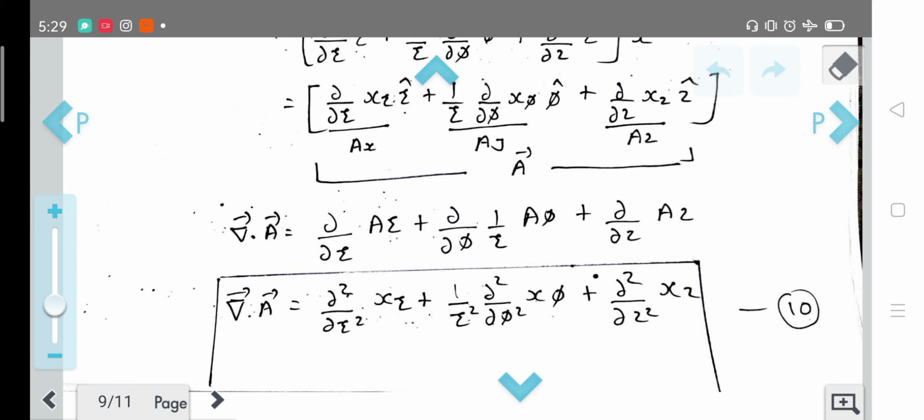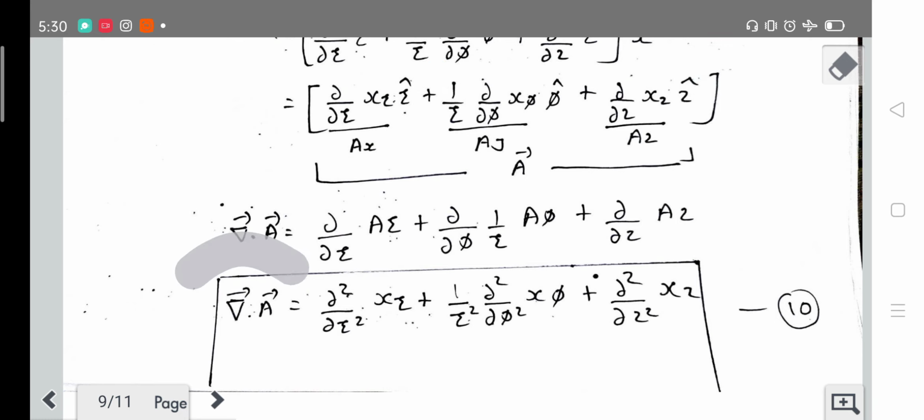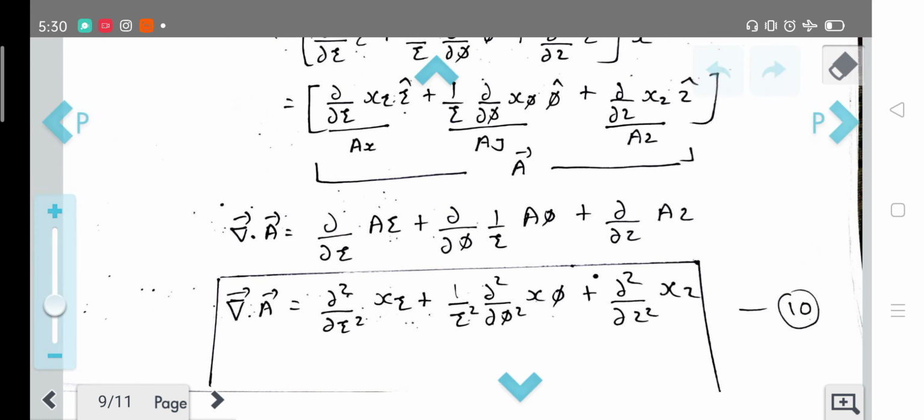So finally the divergence of the gradient of x will be del square by del r square r component of x plus 1 upon r square del square upon del phi square phi component of x plus del square upon del z square z component of x, and this will be equal to the Laplacian of scalar quantity x.